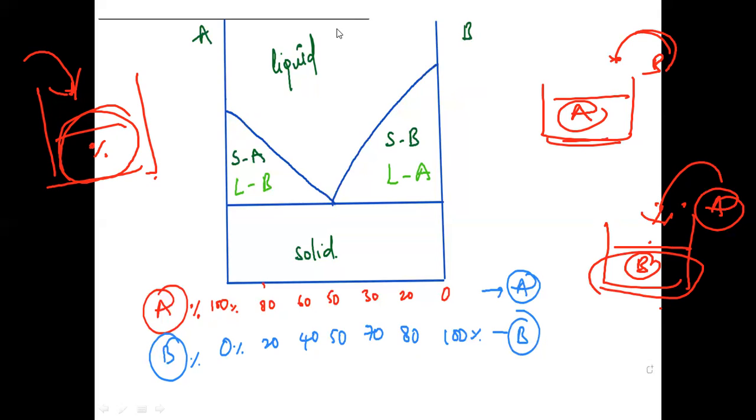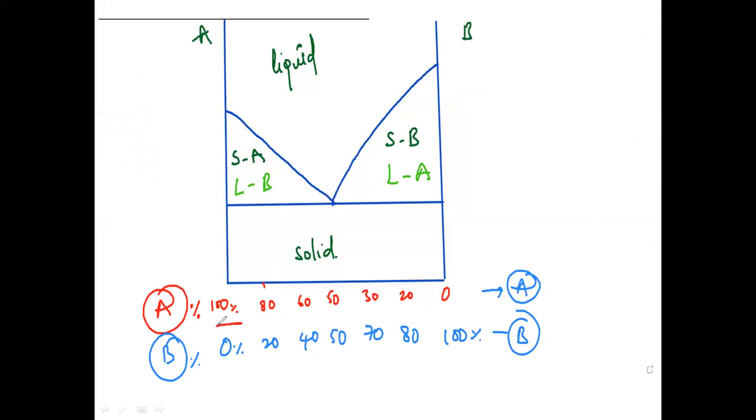So why does it decrease like this? What is this percentage here, of liquid composition or solid? It is the percentage of only liquid composition, which you must understand.